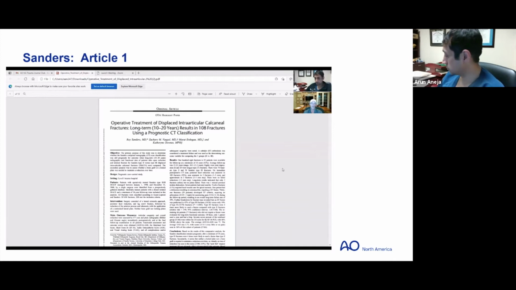We used to do this with a Coker approach along the peroneals, and you could see the whole joint, but you had to move the peroneals up and down, and sometimes you dislocated them. And Diego Fernandez used to do a limited Coker approach, but he would put the patient prone so he could go medial. And so he was able to reconstruct the body with a medial plate and a medial reduction, and the joint through the lateral approach.